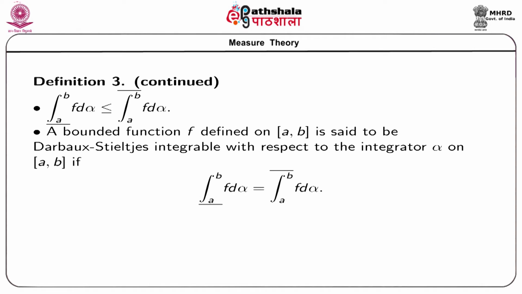So, finally, a bounded function f defined on closed interval [a, b] is said to be Darboux-Stieltjes integrable with respect to the integrator alpha on closed interval [a, b] if the lower and upper Darboux-Stieltjes integrals are equal.